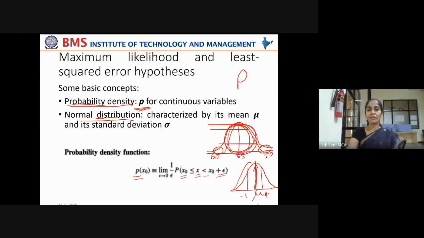So you should have this ideal probability density in this range.